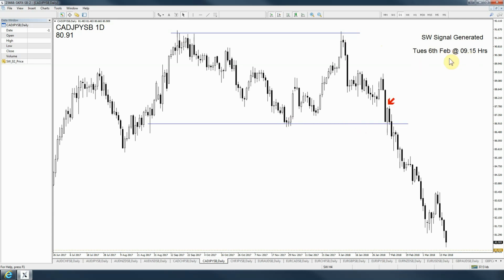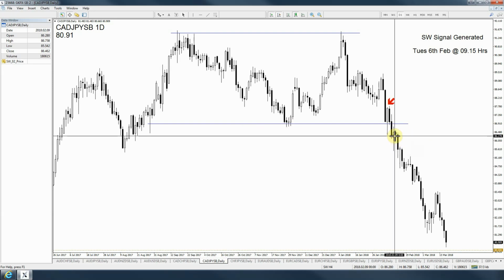So what we have here is a signal generated on the 6th of February. As I say, that's that bar right there. That effectively happens 48 hours before we get a breakdown of support, which is enough time for us to get some confirmation. Now, even to a really conservative trader, and there's nothing wrong with that, if you were to get in the next morning, from there even down to this doji bar down here, that's what, 440 pips.